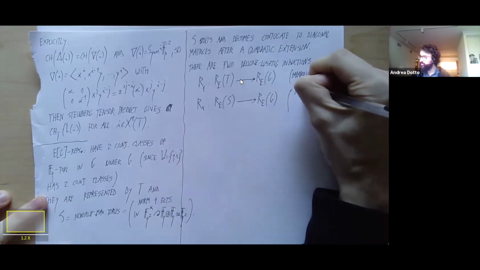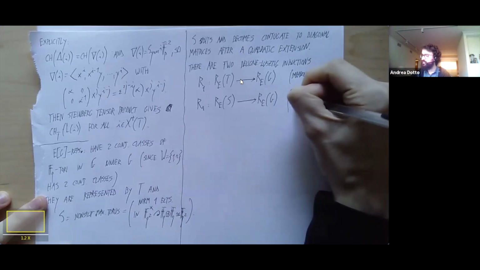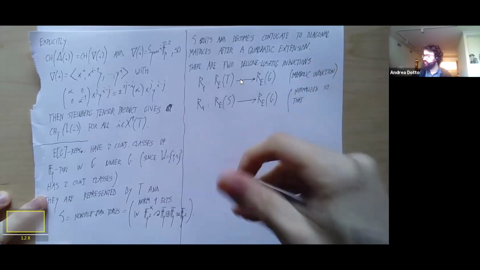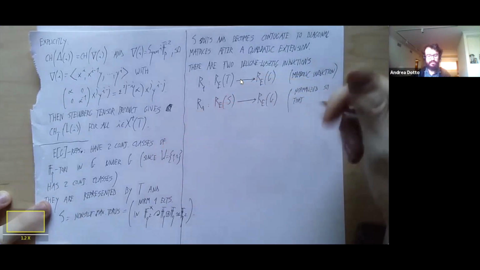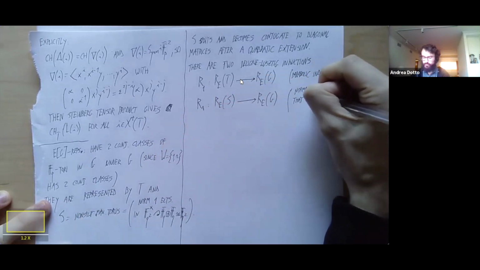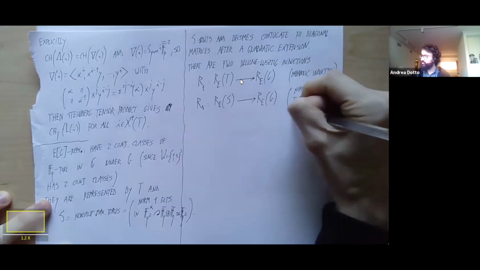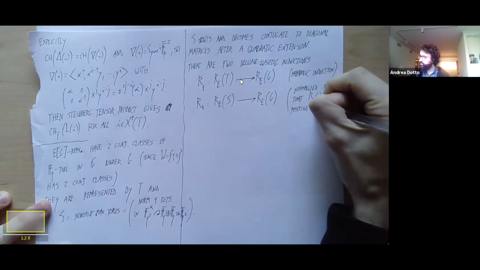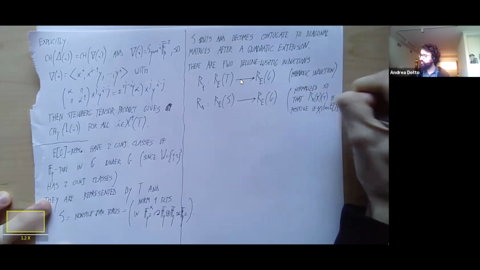So this is normalized so that the induction of a character actually has positive degree at the identity. So that R_s of chi at 1 is positive. It is going to be a positive integer if chi is an irreducible character of a torus.